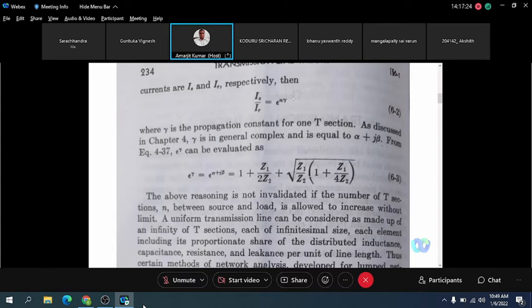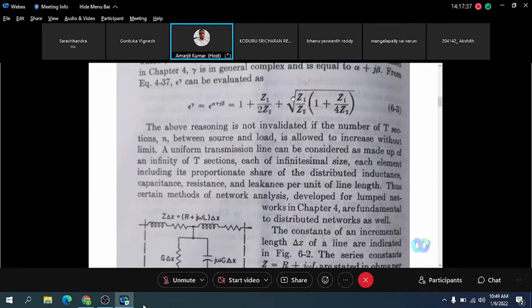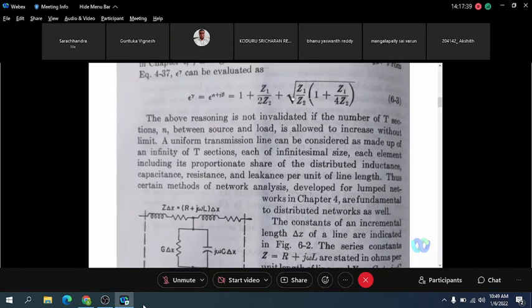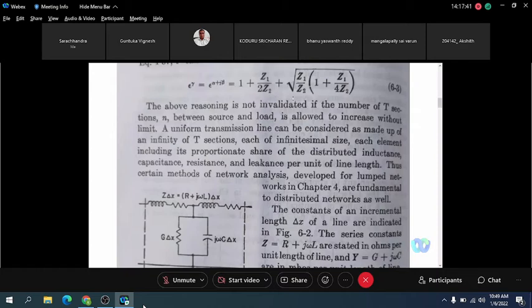Alpha will be the attenuation constant, and beta is responsible for the phase, so the name is phase constant. So e to the power gamma is equal to e to the power alpha plus j beta. Alpha is the attenuation constant, gamma the propagation constant, and beta the phase constant.